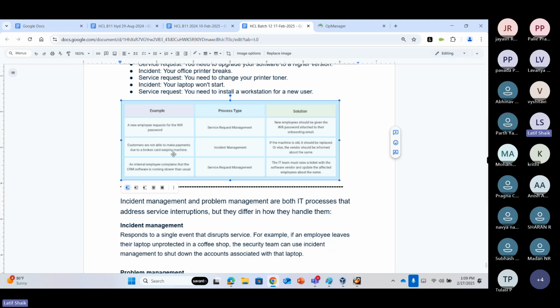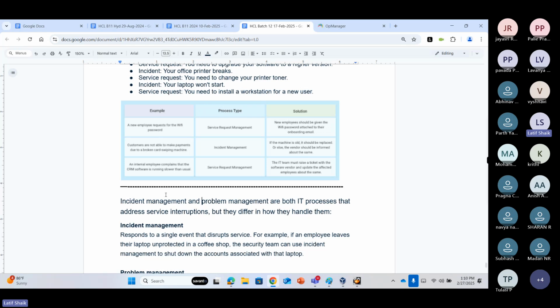There are a few things also mentioned here. For example, a new employee requests a Wi-Fi password: service request. A customer is not able to make payment due to a broken card swiping machine: incident. The swiping machine is not working. Internal employees complain that CRM software is running slower than usual.